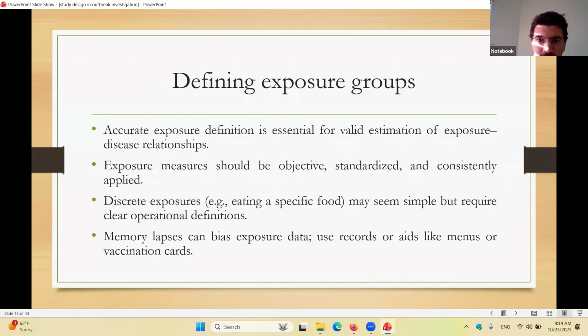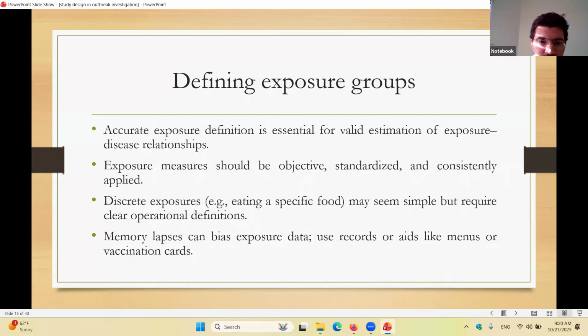About defining exposure groups. Accurate exposure definition is essential for valid estimation of exposure-disease relationship. Exposure measures should be objective, standardized, and consistently applied.